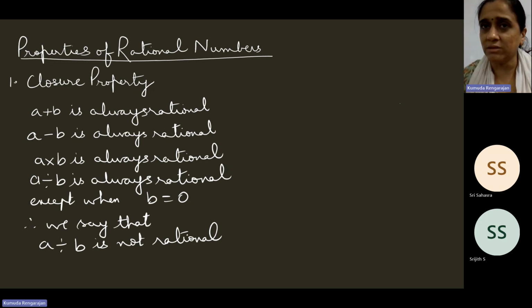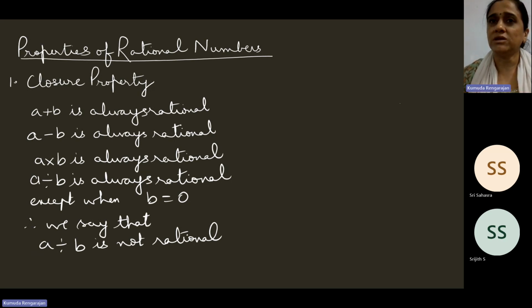Again, for the same two rational numbers, find A minus B. You will see that the answer, that is the difference, is rational, always rational. Again, for the two rational numbers A and B, find A multiplied by B. You will see that the product A into B is always rational.